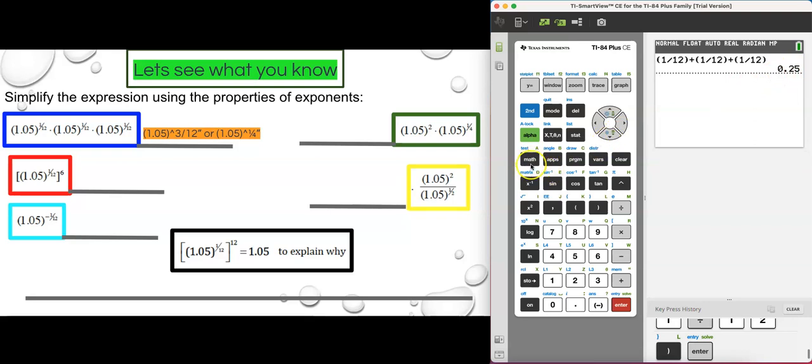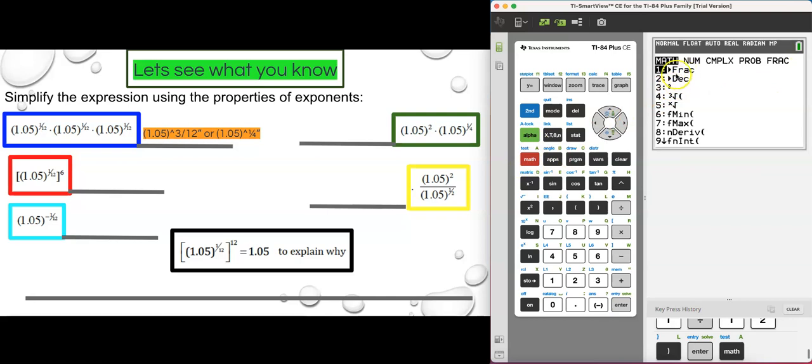So here at the top of where this math key is, I'm going to hit this math key. Since this decimal is already in my calculator, I'm going to select math. And you'll see where it says fraction, decimal, and you got some other things there, but we want to solely focus on the fraction or the decimal.